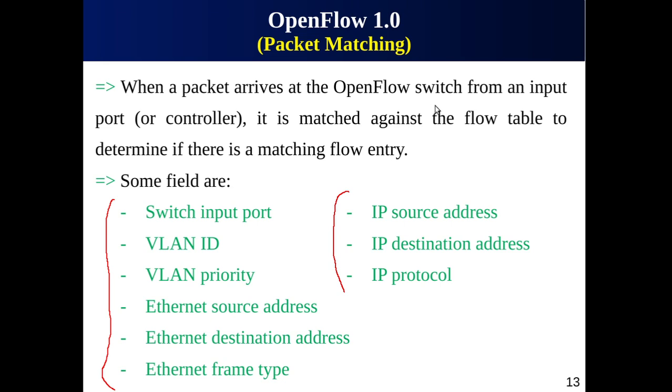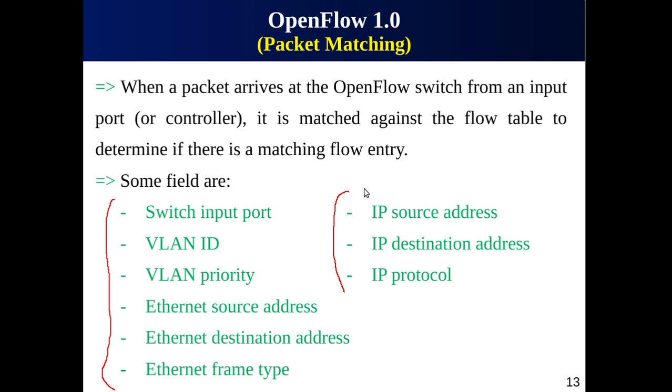So these are different criteria that we can use for matching a packet to a flow. Actually, 12 different fields are defined for packet matching in OpenFlow, and these are referred to as the basic tuple of match fields.